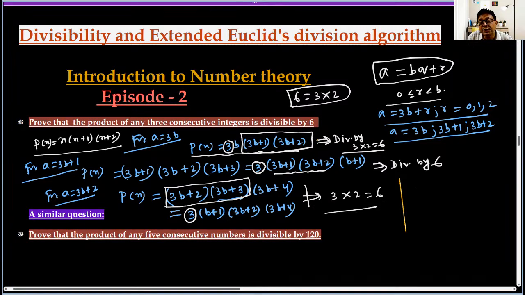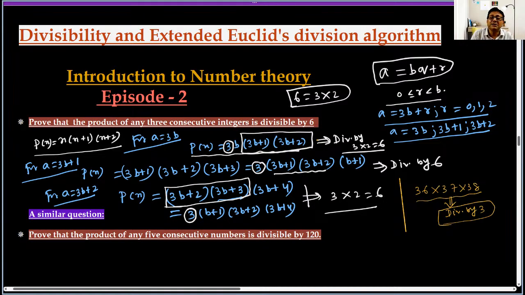Product of any 3 consecutive integers, say 36, 37, 38, will be divisible by 3 always. It's a common observation. Higher concept of number 3 is not required. Any three consecutive integers you take, it is divisible by 3.